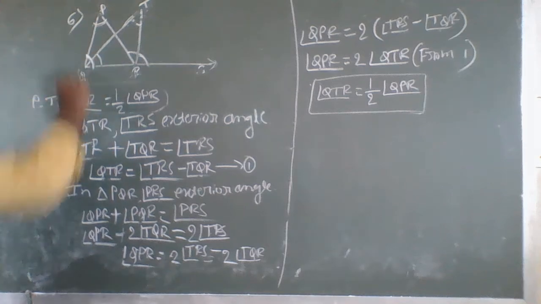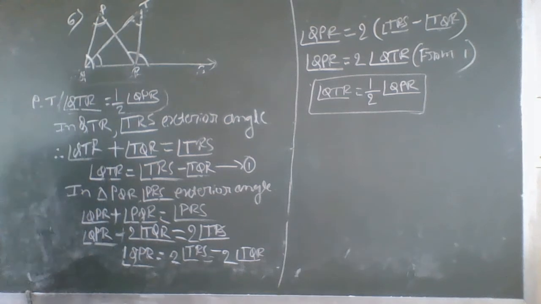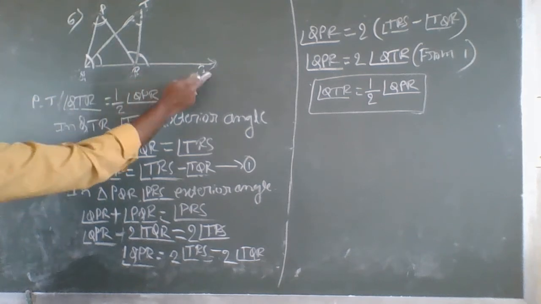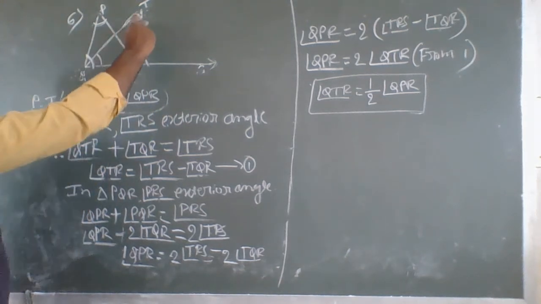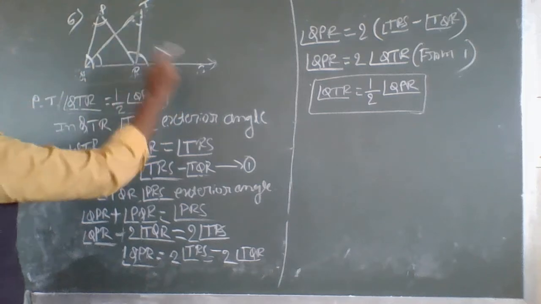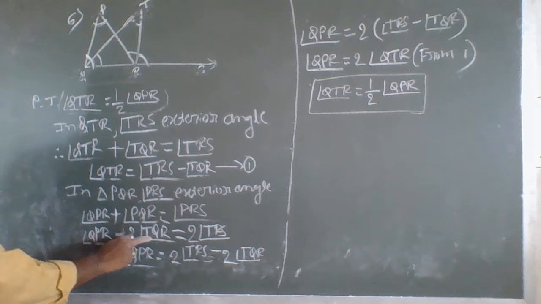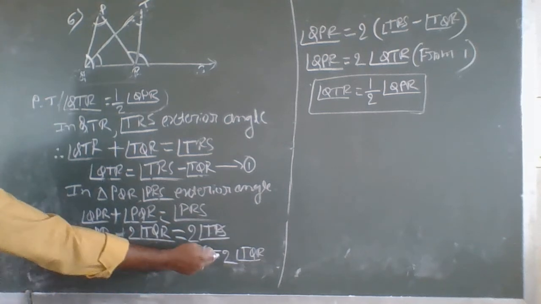In the place of PRS I wrote 2 into TRS, because this is also a bisector. Now I will move this to the other side, therefore it becomes minus.